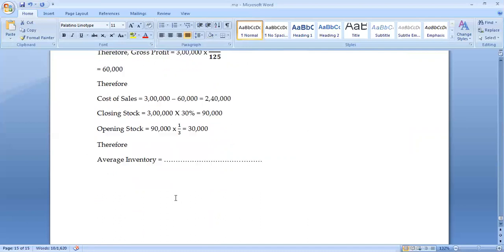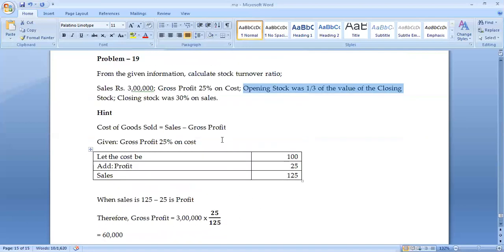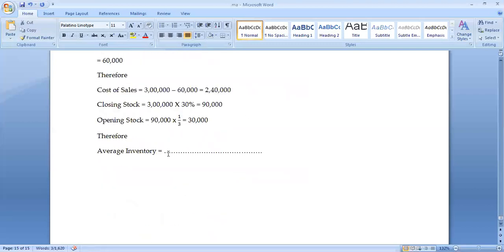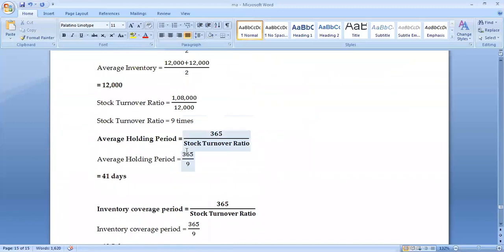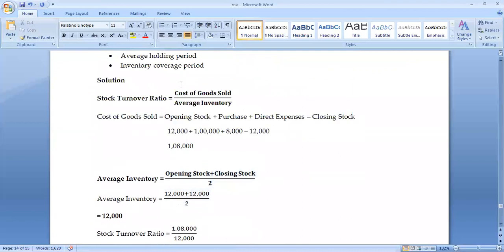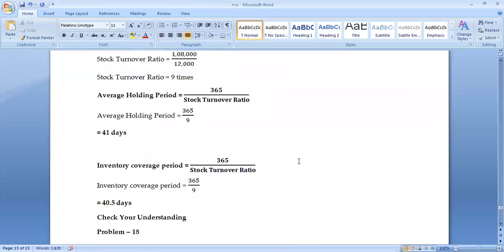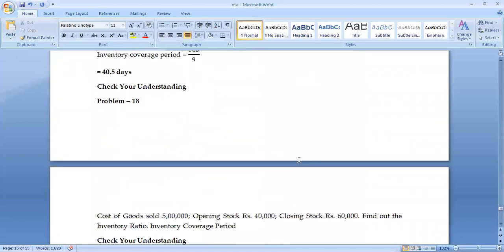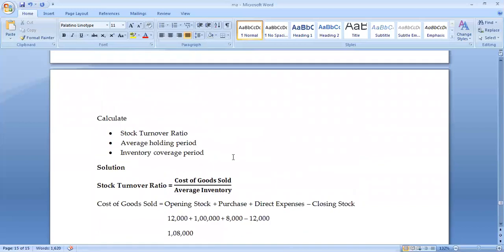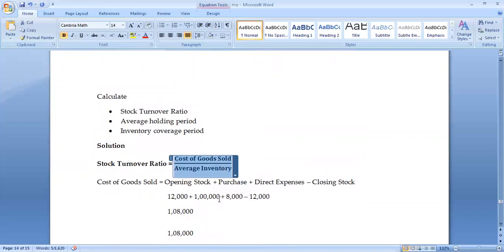Therefore, average inventory. You are required to find out the stock turnover ratio, so first find the average inventory. Cost of goods sold is calculated, and you also have to find the opening as well as the closing stock. So take the cost of goods sold as well as the average inventory.